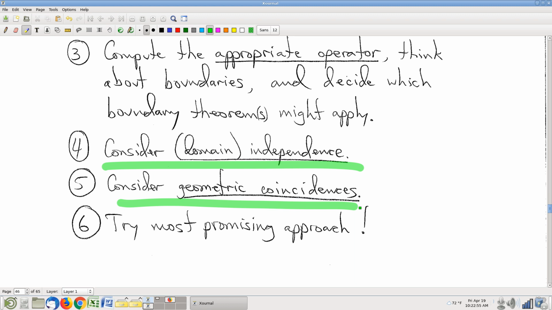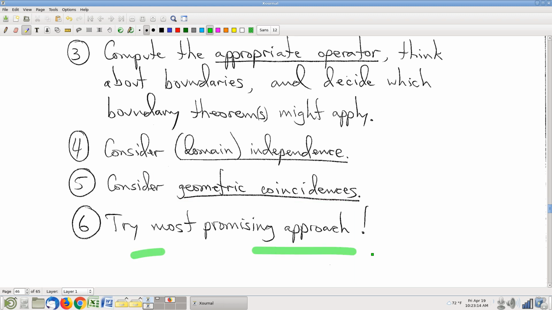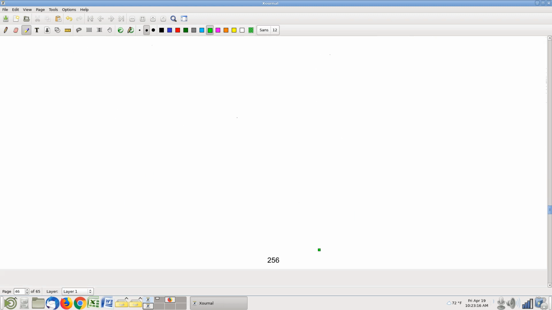Again, a reminder based on my own personal experience. And so you'll have a list of options, and just enumerate your options. Look at the problem, try to decide which ones are most likely to be useful, most likely to be the least amount of effort, and do whichever one looks the easiest.